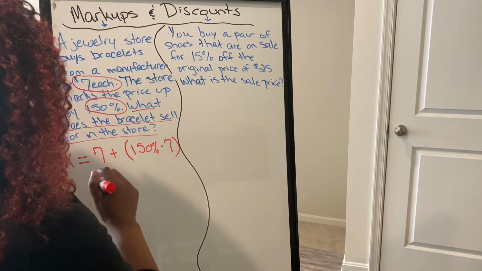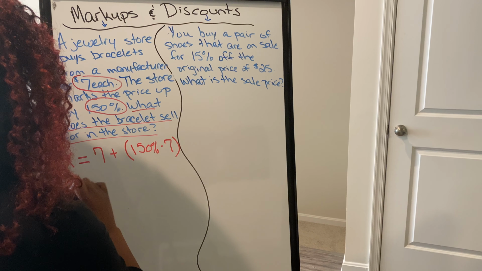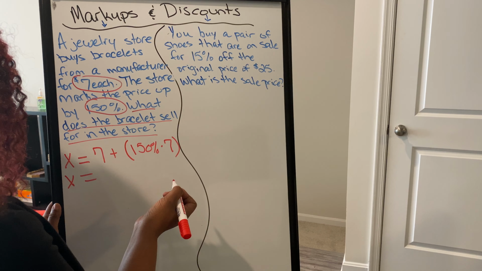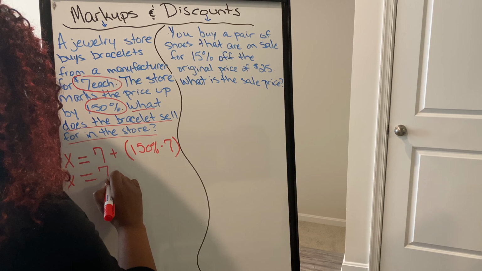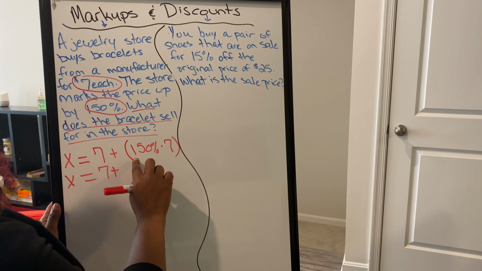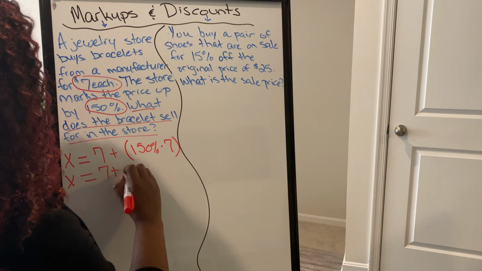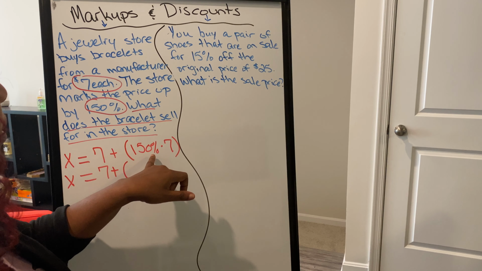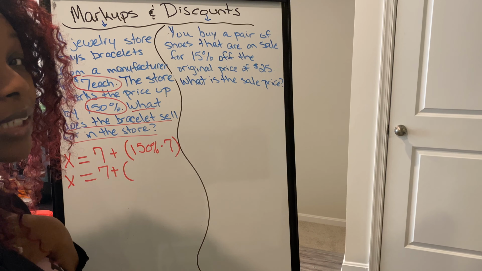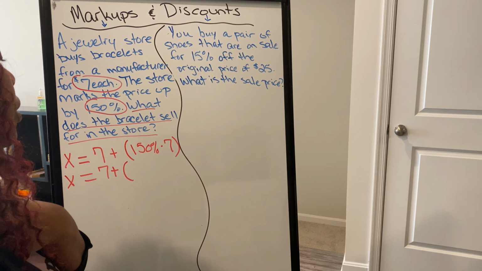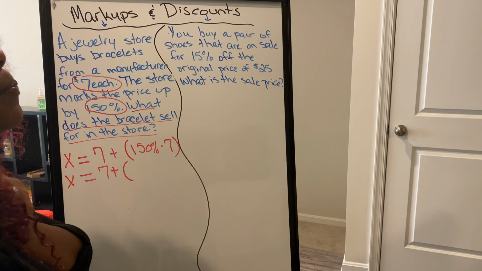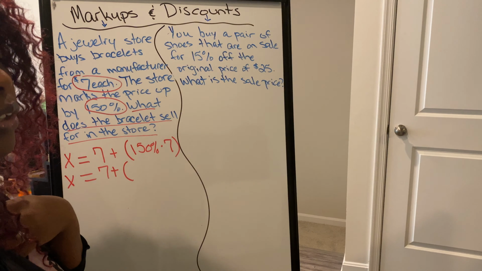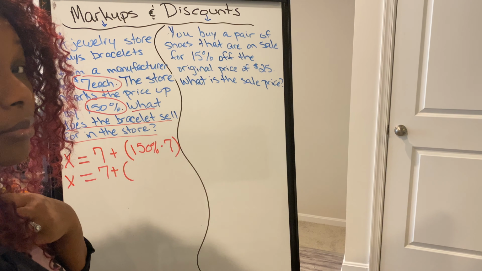Okay? So let's keep going. We're going to keep it in line. 7. So when I do 150%, this has 3 numbers, right? It has 3 place values. So we can think of it as 3 zeros, which would be 1,000.